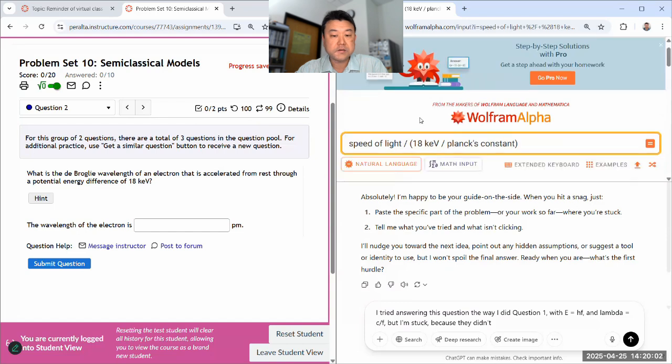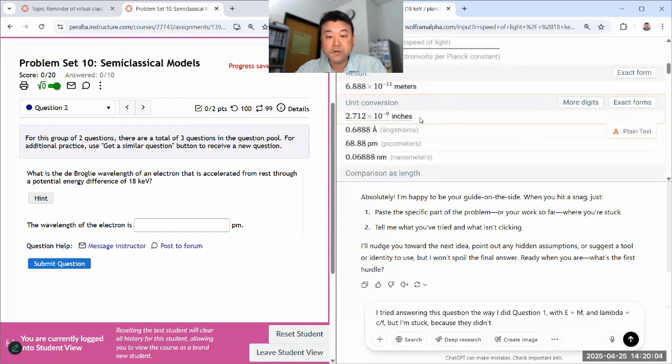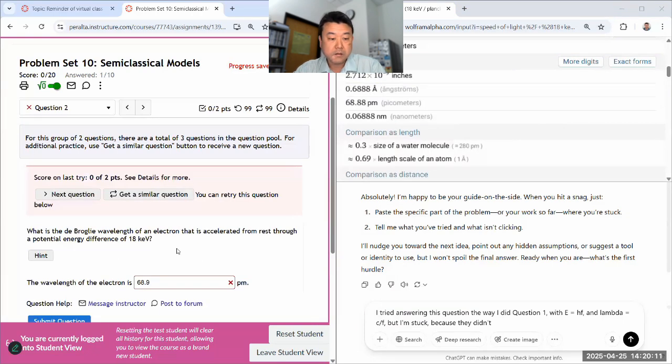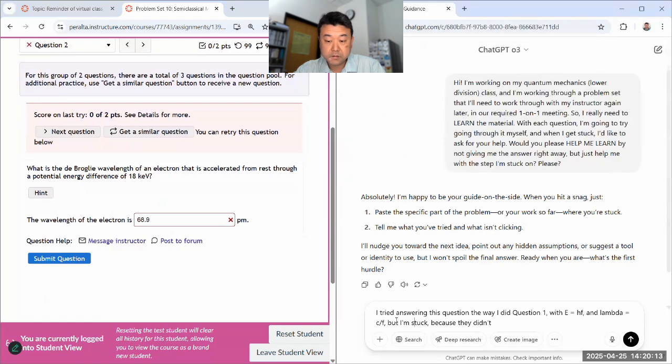It'll give me an answer that I can plug in, and it'll say it's wrong. So in picometers, 68.88, 68.9 picometers. I tried answering the lambda, but the system says my answer is wrong.